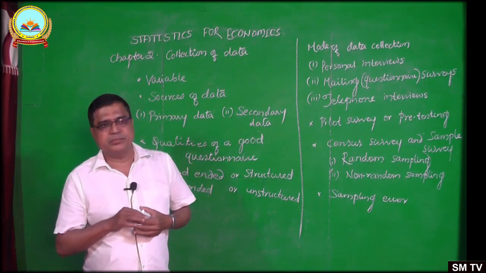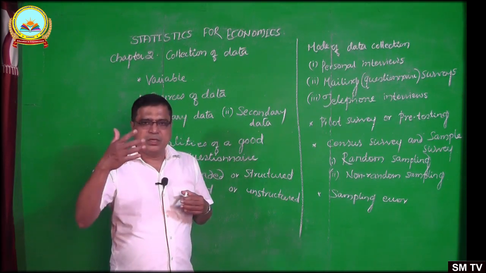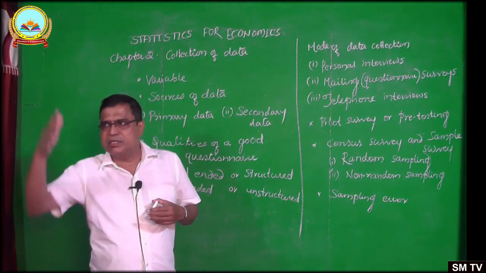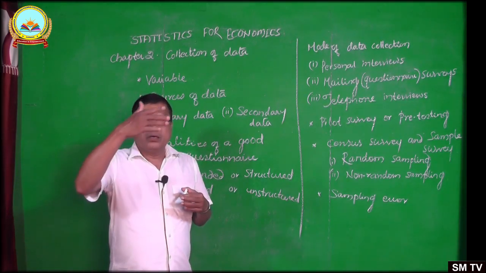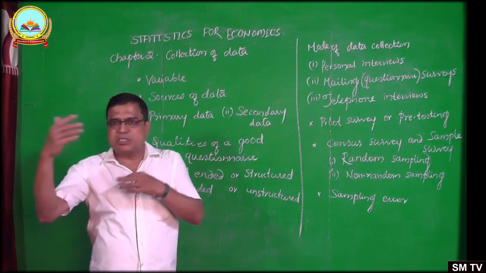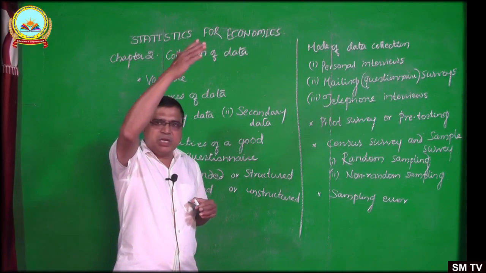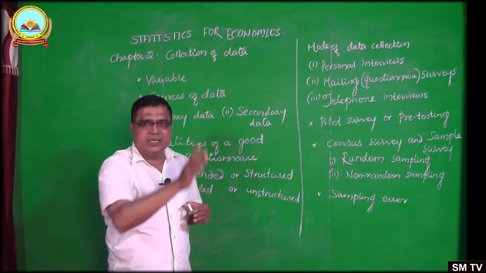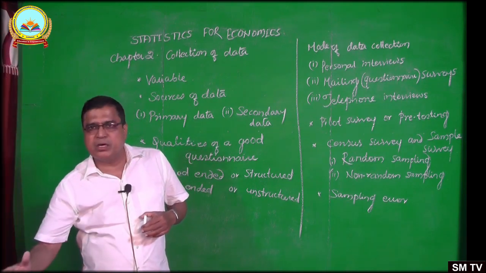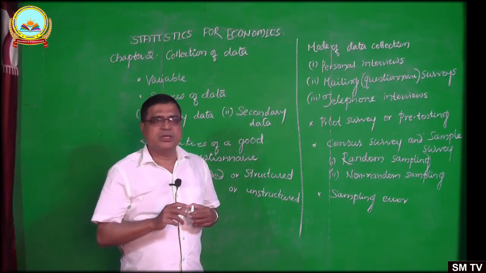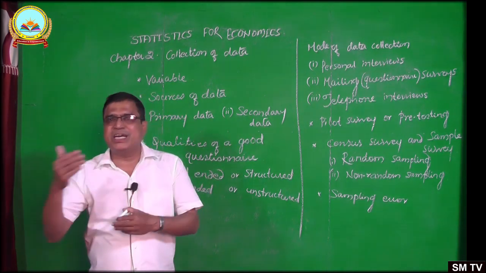For example, if you want to know the production of food grains in different years, and it is represented in a tabular form, then in one column we are going to write years. In another column we are going to mention the production of food grains. Now there are two things which are varying, which are changing.